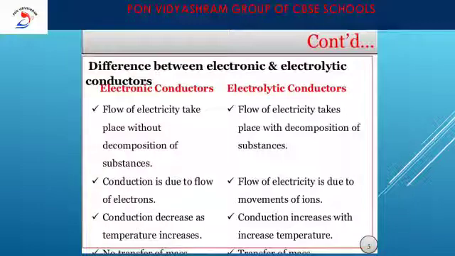So, definitely decomposition reaction occurs in electrolytic conductors. In electronic conductors, conduction decreases as temperature increases because of opposing movement of electrons. Whereas, as you increase the temperature, movement of ions occurs very fast. So, in electrolytic conductors, conduction increases.